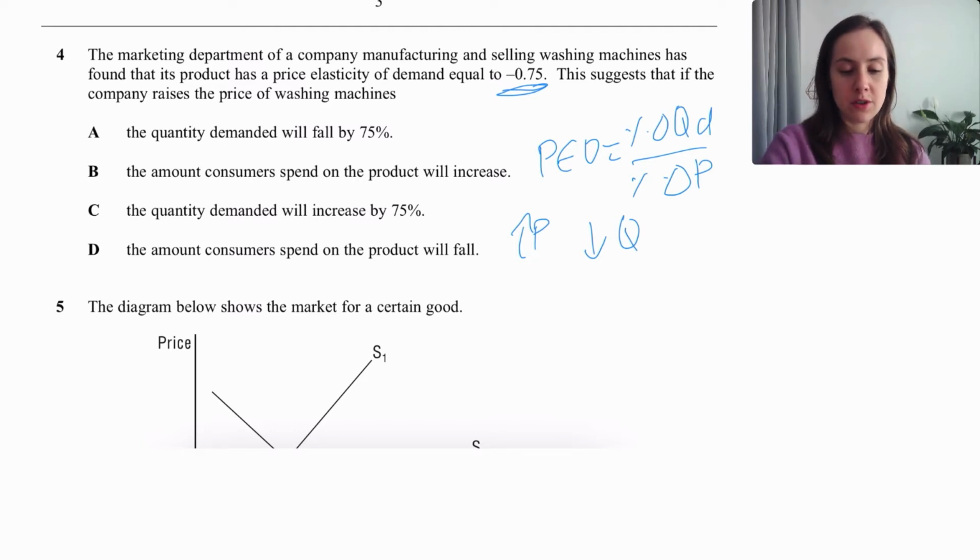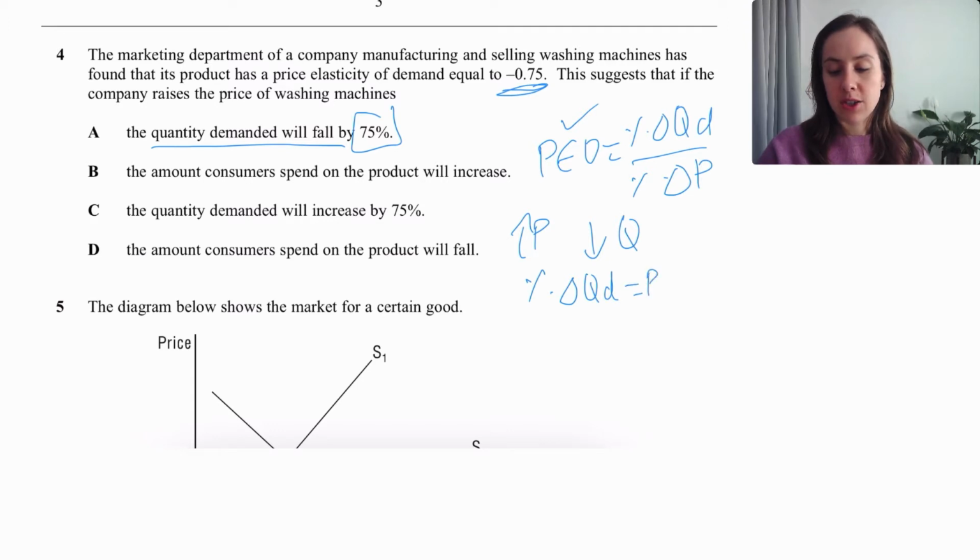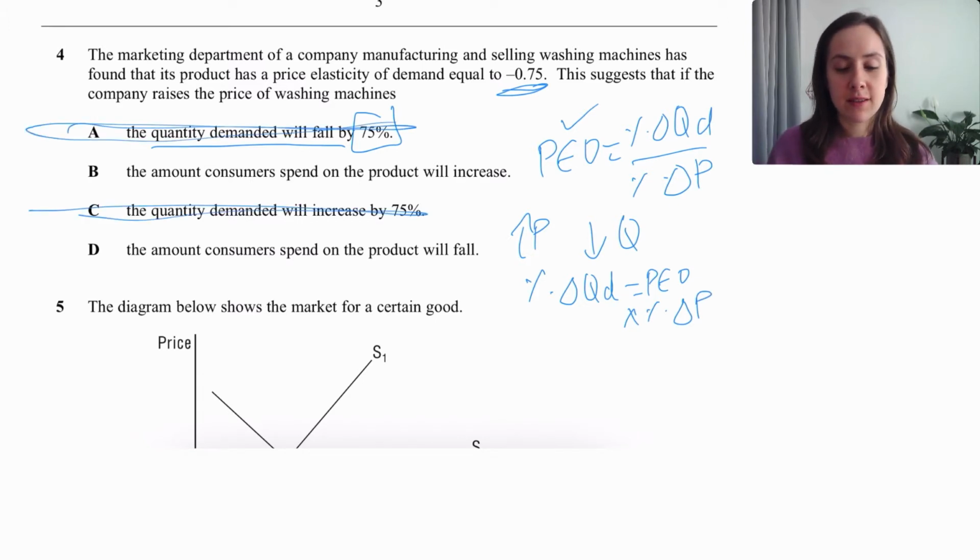So quantity demanded should fall by a smaller percentage. I don't have any information to work out how much it will be because I've only been given the PED. To work out the percentage change in quantity demanded, I need to know the PED and the change in price, but I don't have that information. So look how sneaky they are. You don't have information for that.